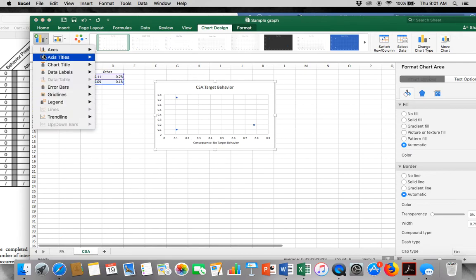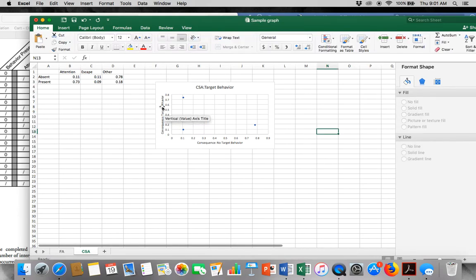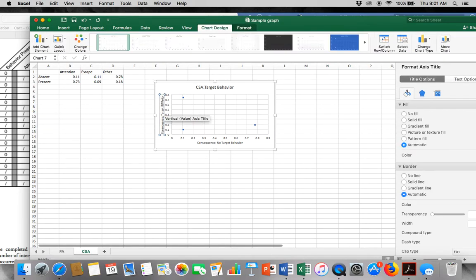And then for the y-axis, we're going to write consequence, target behavior. Okay? Now for you guys, when you actually graph this, you would write what your target behavior is. You wouldn't write target behavior.